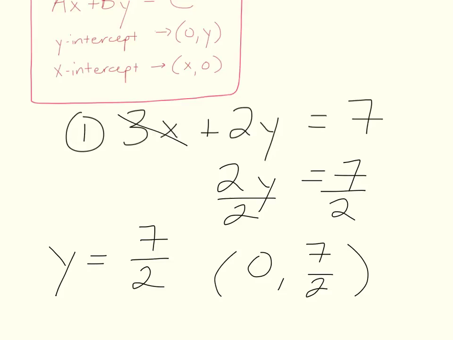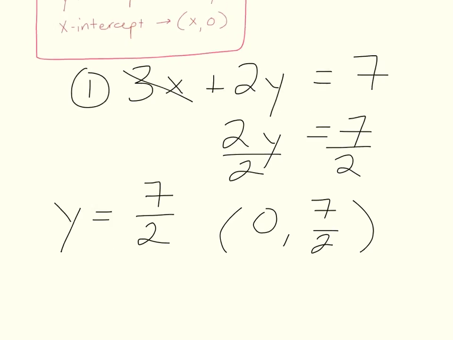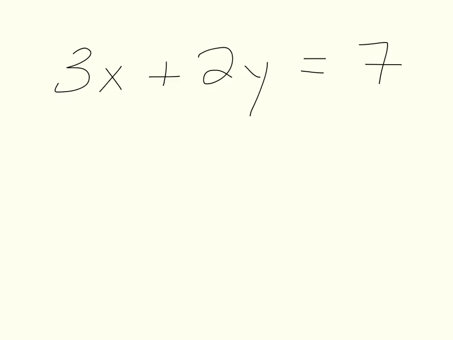Now, if we wanted to take that same problem, and let me just move this up and I'll rewrite it, and we want to find the x-intercept, then remember my x-intercept is something, 0. So I'm replacing the y with the 0 to find the x-intercept.